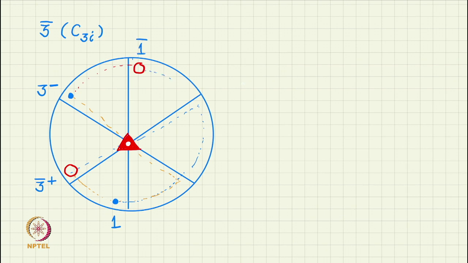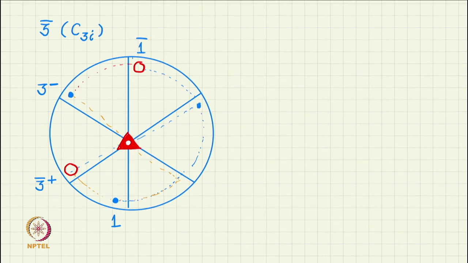In the next stage in its journey, it comes here again with change handedness, and you can see that this is related to the original point 1 by a positive rotation by 120 degree, 3 plus, and then it comes to the final stop in its journey here, and this is nothing but 3 bar minus.